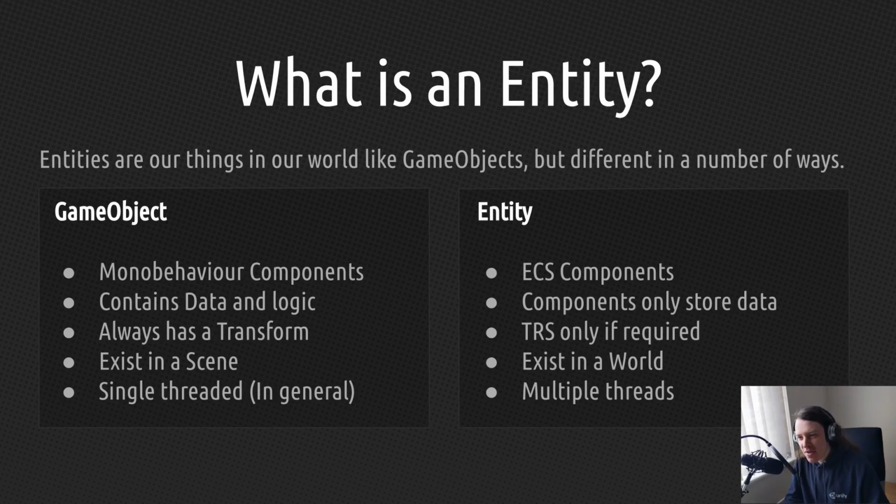Entities exist in something called an ECS world rather than a scene. Entities are also built for multiple threads by default. Now, there is stuff you will need to perform on the main thread, but in general, ECS entities make it easier for you to write multi-threaded code.